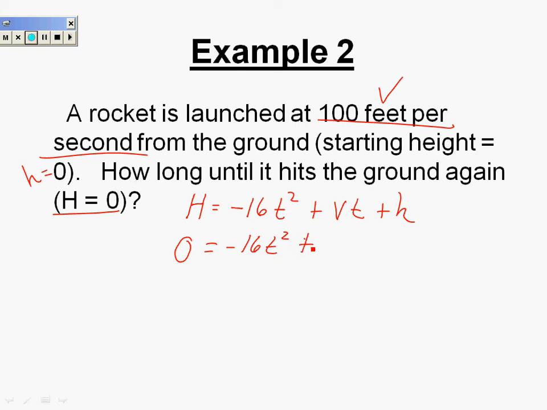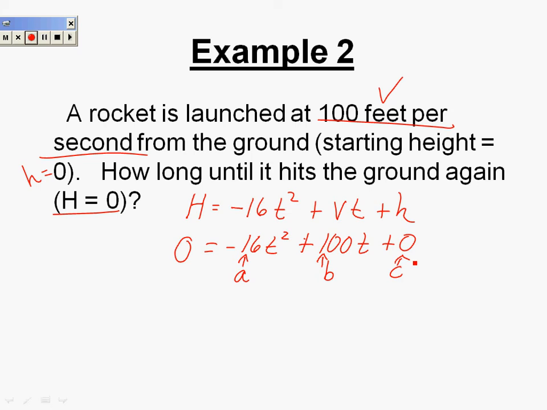What is v? 100. And little h is 0. Okay? Now this is a quadratic formula. This is my A, this is my B, and this is the C.